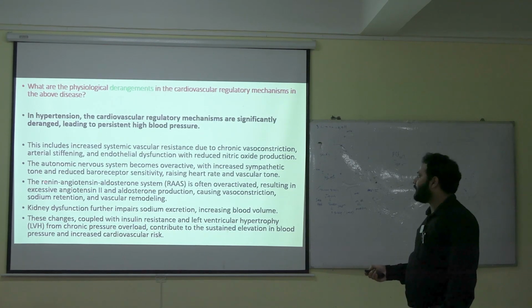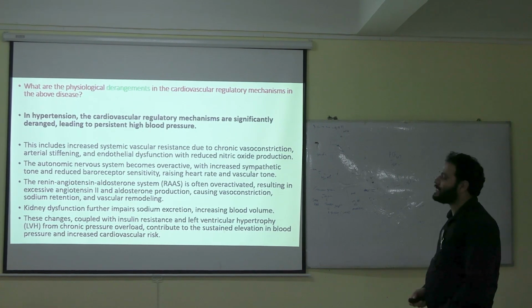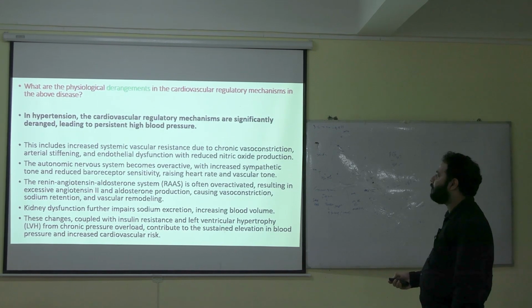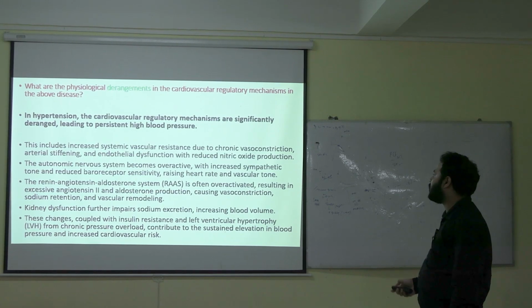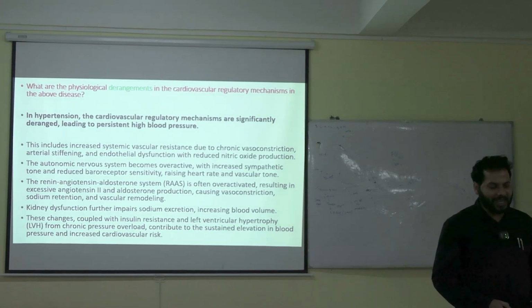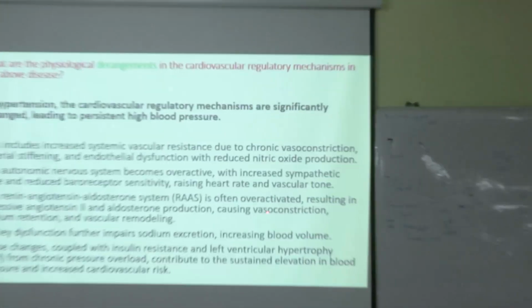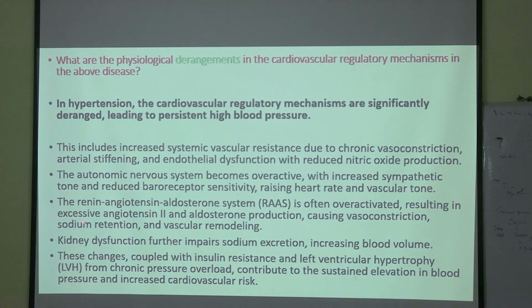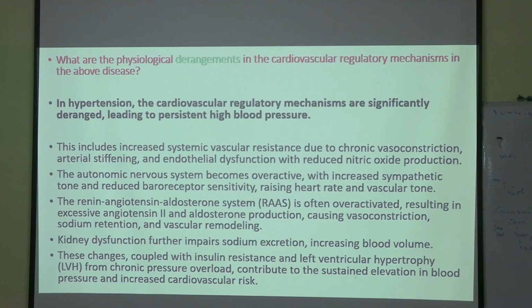Another important one you can see, the renin, angiotensin, aldosterone system. It is often overactivated. So due to the overactivation, excessive angiotensin 2 forms along with the aldosterone production. Both the aldosterone as well as the angiotensin 2 cause the vasoconstrictions of the blood vessels and changes in the sodium retention capacity, and there is a remodeling of the blood vessels or the vascular systems.